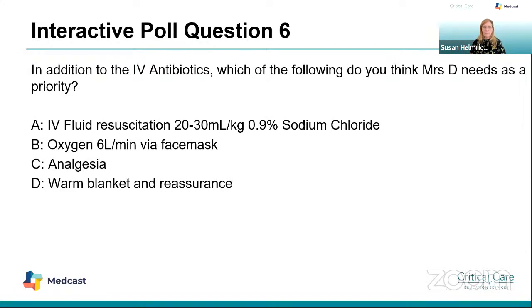That reassurance, talking to our patients, giving analgesia, all of those things will help to decrease anxiety. And this in turn will actually help to stabilise our patients because it can decrease some of that oxygen consumption. So while it can get tricky because we're trying to prioritise things, we should never overlook those basic things that can help our patients out.